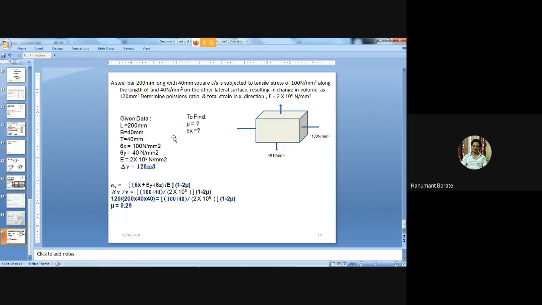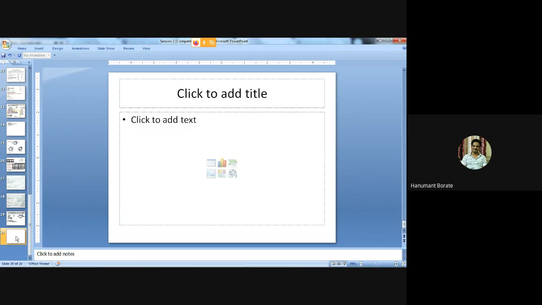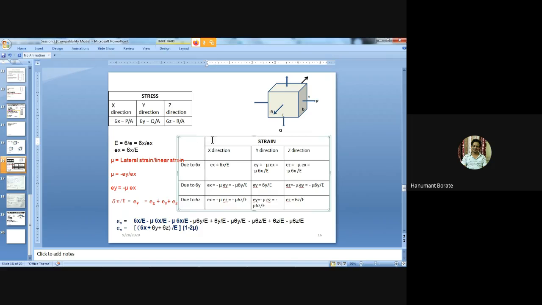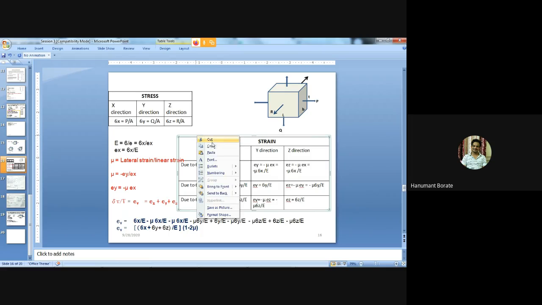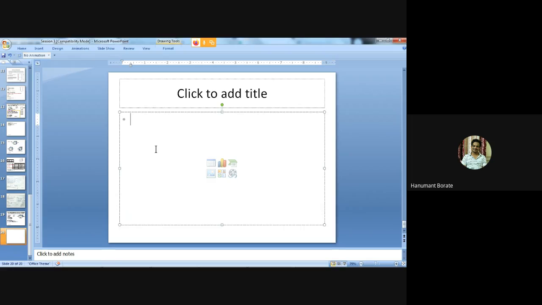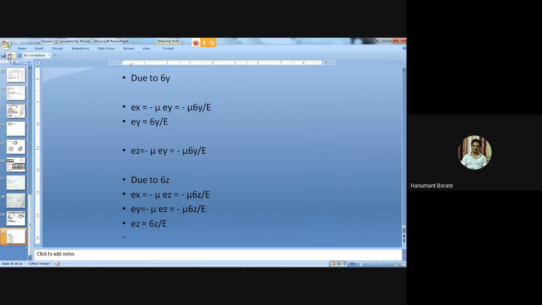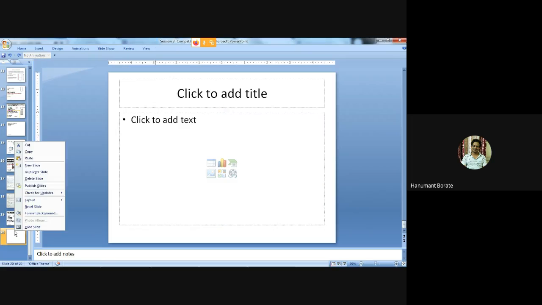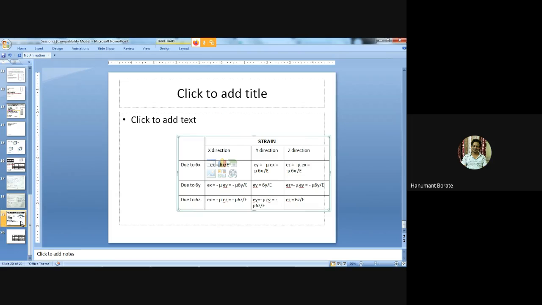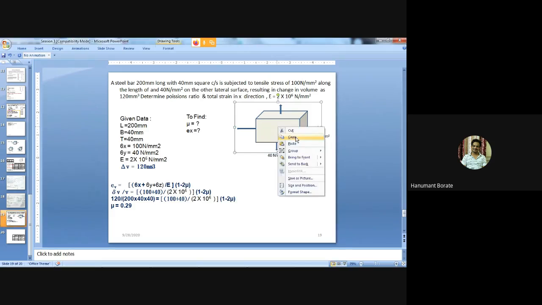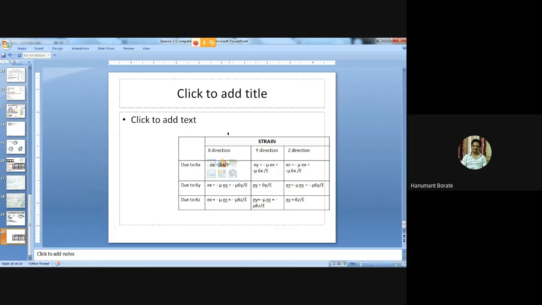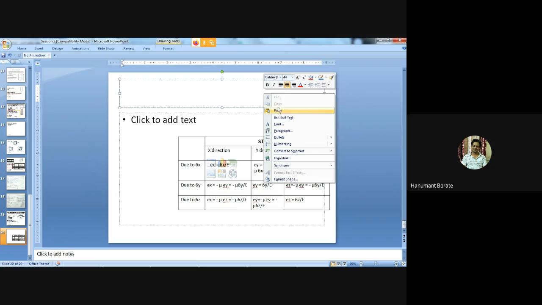So here we can easily find the value of mu, but to calculate Ex, the strain in the x direction, we need to use this chart. I will take this figure for the calculation purpose.